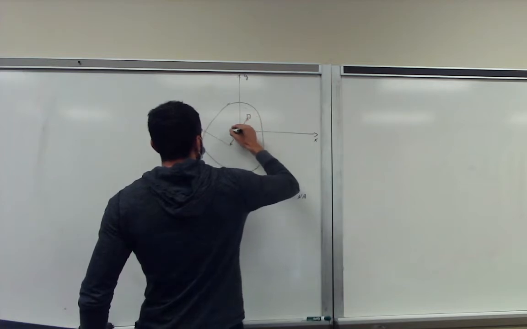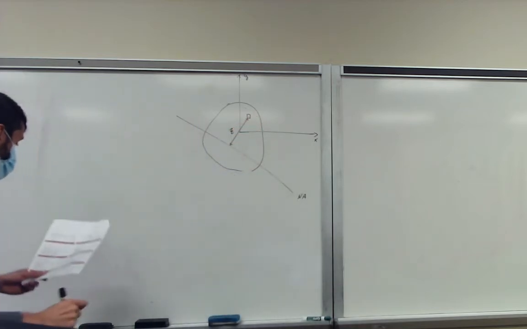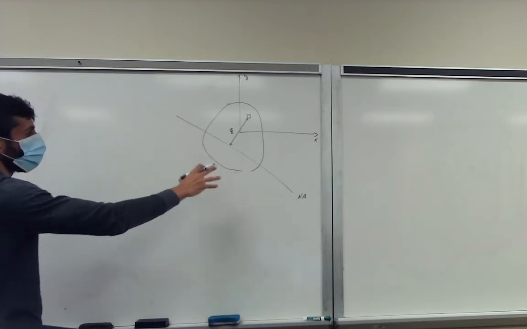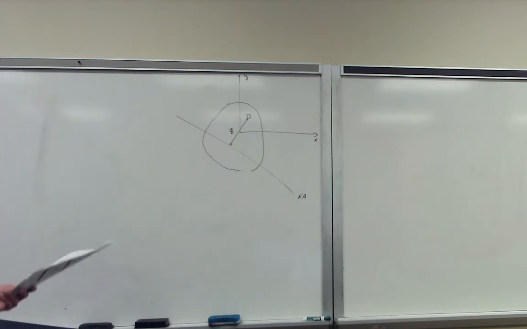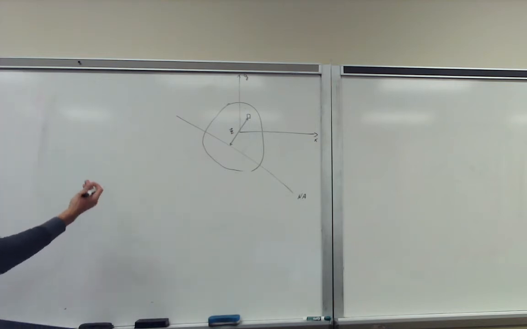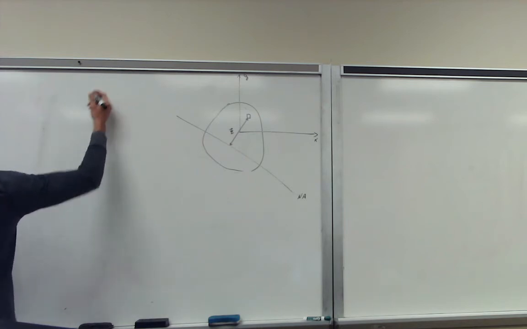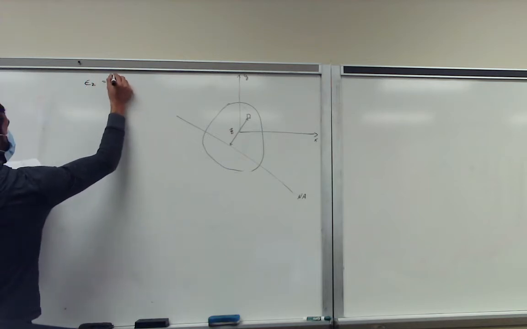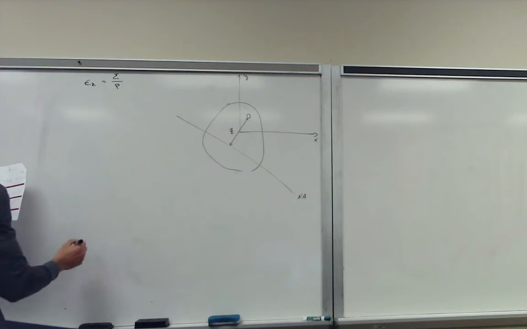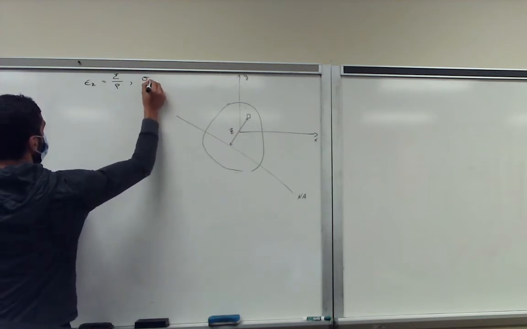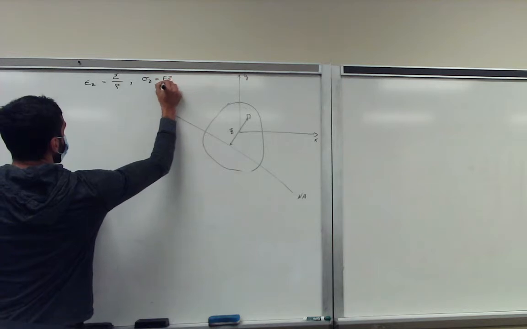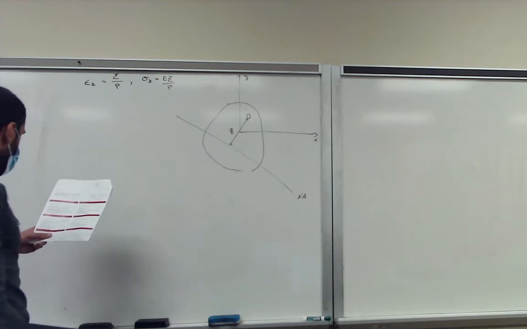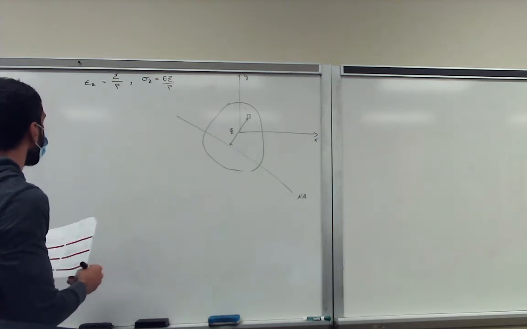So we call this psi. And of course, we again assume this also bends around the center of curvature with a given radius r. Or in this case, we assume that the radius is equal to rho. That's how Maxim defines it. So we can say that again, our strain in z is equal to psi over rho, and therefore our stress in z is equal to E psi over rho. And then we can also assume that we have a pure bending.